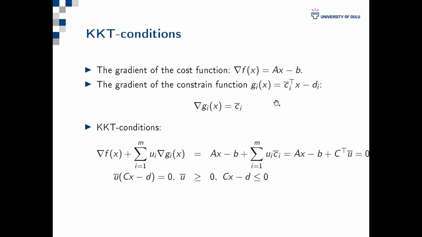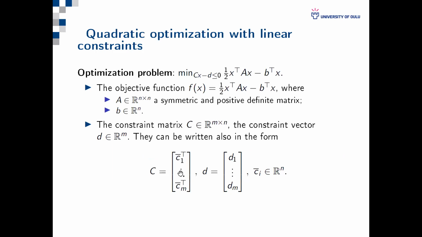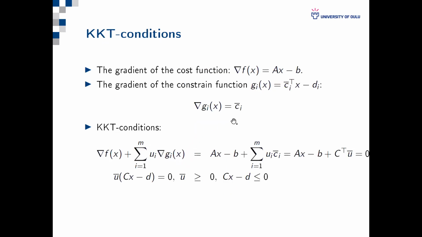I wrote this matrix C in such a way that it has a first row, second row, so there are m rows. If I compute the gradient of the first constraint, it is just the column vector which is the first row of the matrix C.